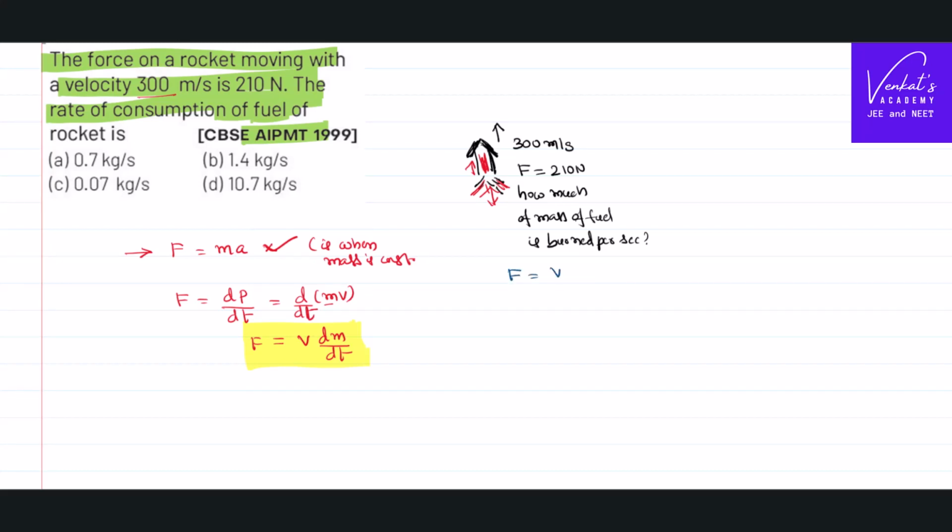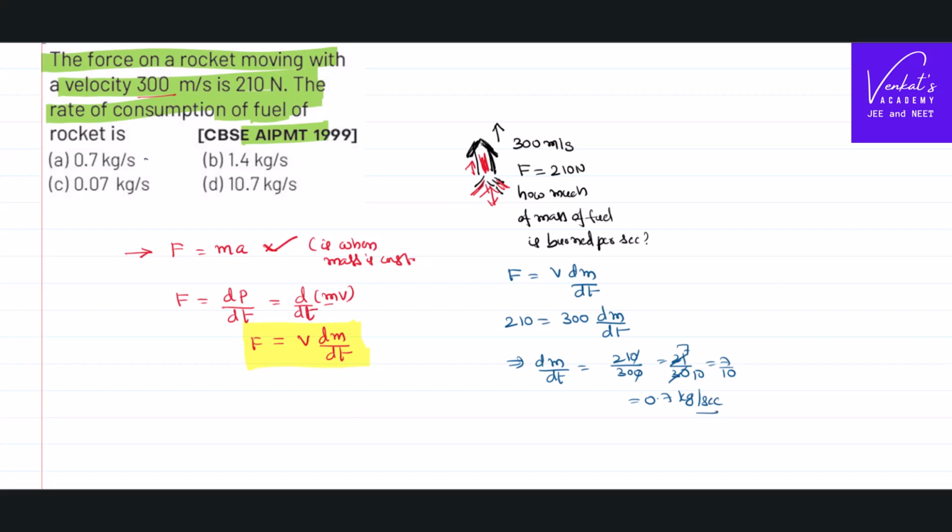F equal to V into dm by dt. It is given that force is 210 Newton, velocity is 300, dm by dt is how much? That implies dm by dt is 210 by 300, that is 21 by 30, 3 tens and 3 sevens, that is 7 by 10, that is 0.7 kilograms per second.